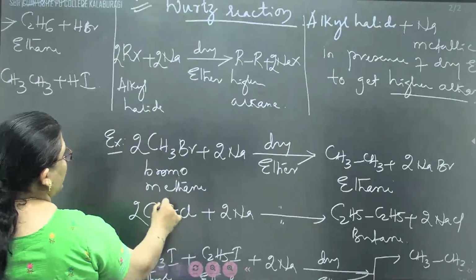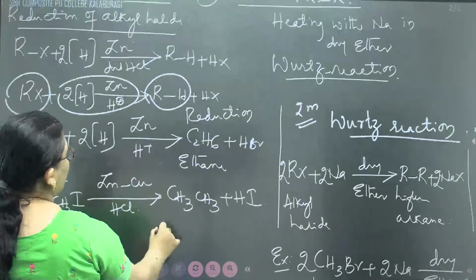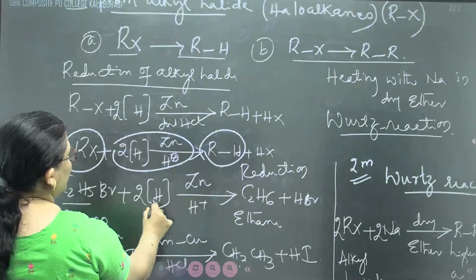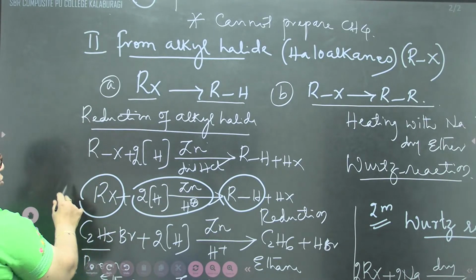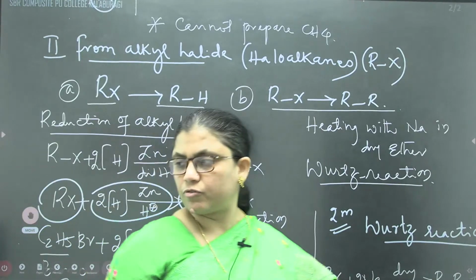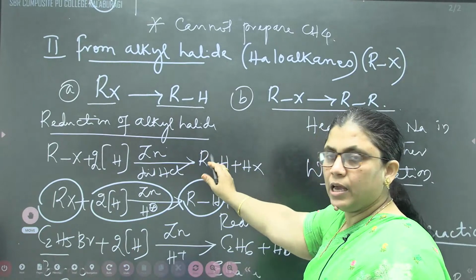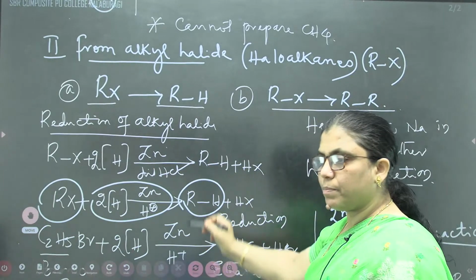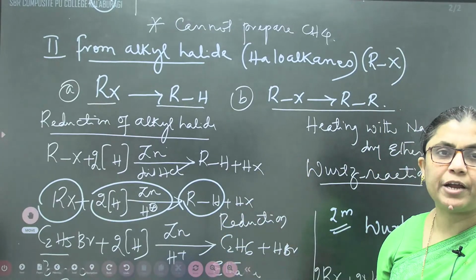I'll turn the slide over here. Have you remembered, children? Here I have written 2 points. From alkyl halide, in 2 ways we can prepare alkane. One, as I said, when alkyl halide undergoes simple reduction using any suitable reducing agent, we can prepare alkane. Either you use zinc copper couple or zinc and dilute HCl, we can prepare hydrocarbon.